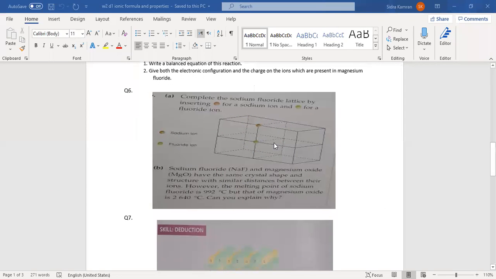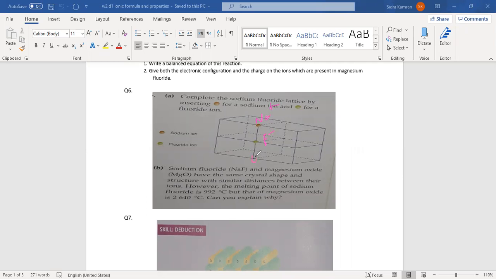Next is question number 6. Here you can see question number 6. Complete the sodium fluoride lattice by inserting an orange dot for the sodium ion and green for the fluoride ion. In a lattice structure, we know that alternate corners are taken by the opposite ions. So for example, this is the sodium ion, the positive ion, this one will be the negative ion, the fluoride ion.